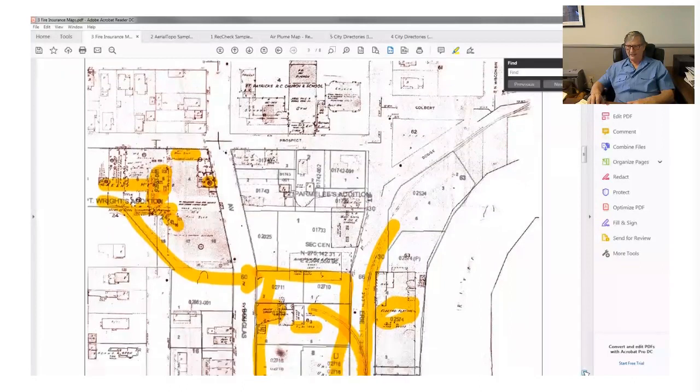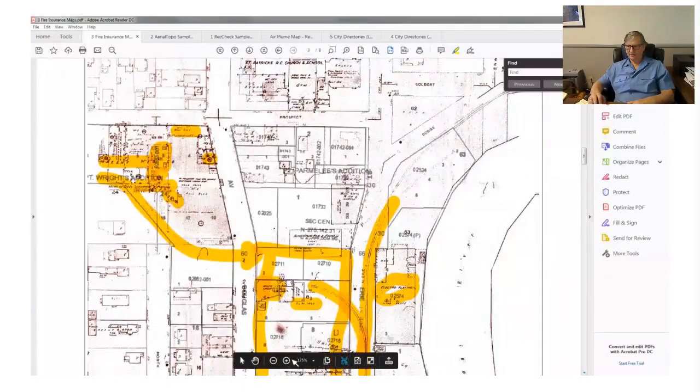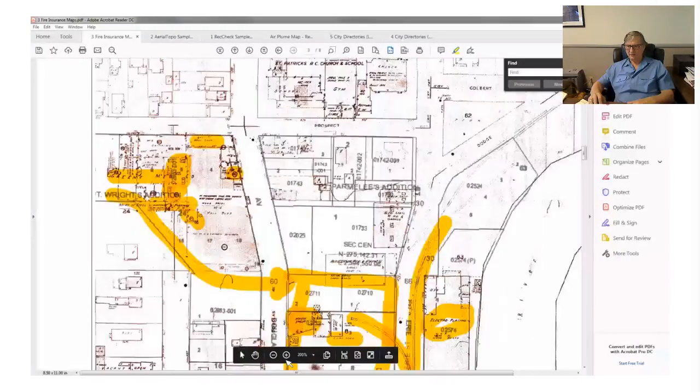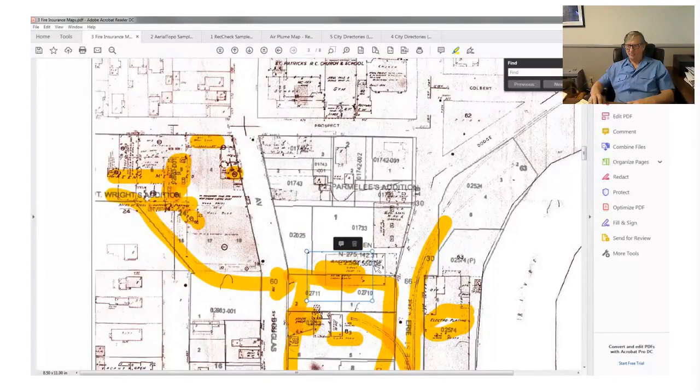It's actually right here. Auto repair, metal paint, spray booth. Right here. Auto body repair and paints booth.